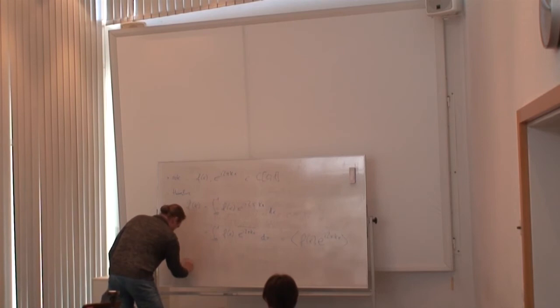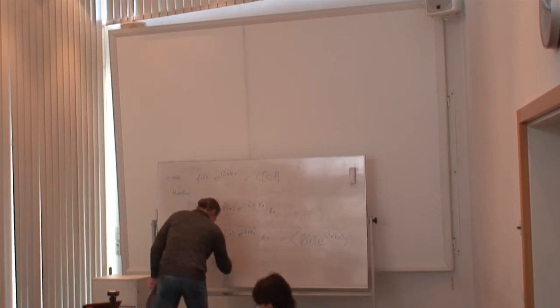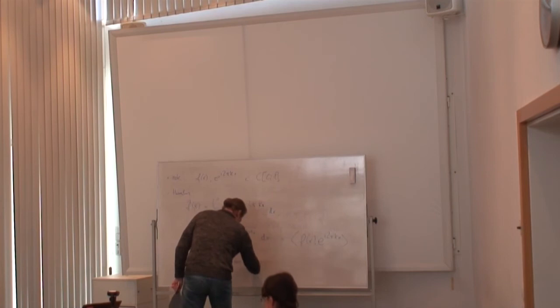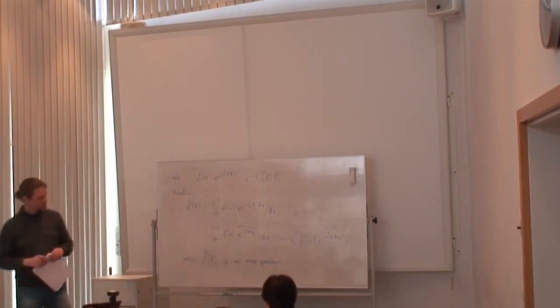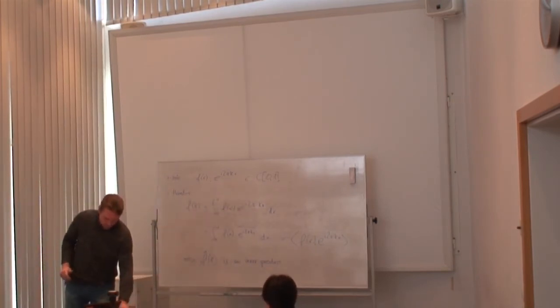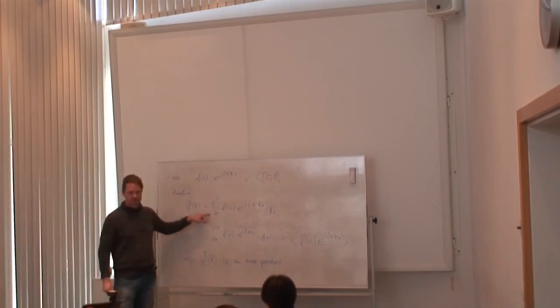And this is to say, I'll write it down here. Therefore, the Fourier coefficient f hat of k is an inner product. And now you know why I wanted it to be expressed like this.